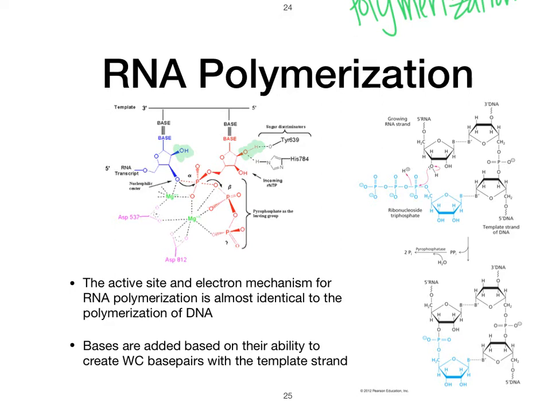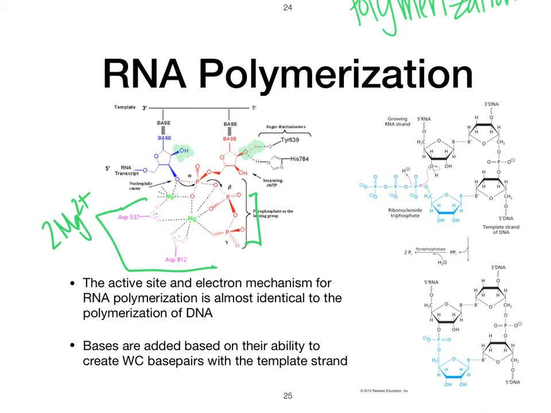The way in which the electrons move from the 3' end to the incoming base is the exact same. It still requires 2 magnesiums that we can observe over here. So we still have 2 Mg2+, as well as a variety of residues. And we're going to have the departure of the phosphorus leaving group, which encompasses the beta and gamma strands.